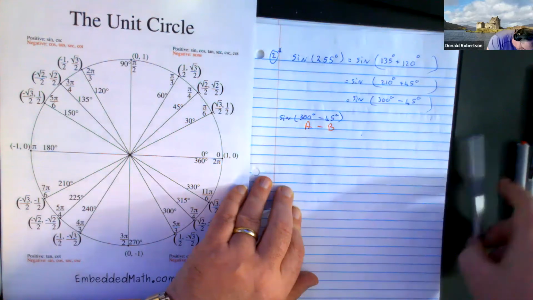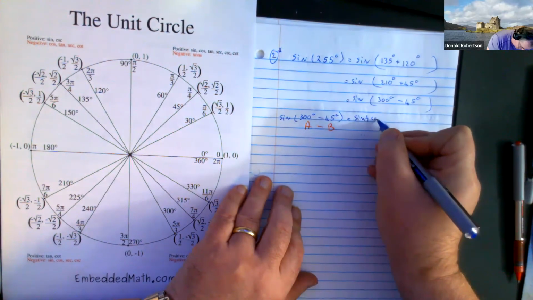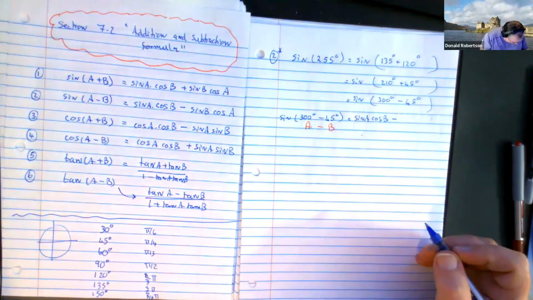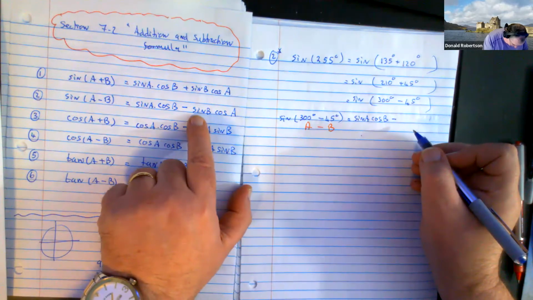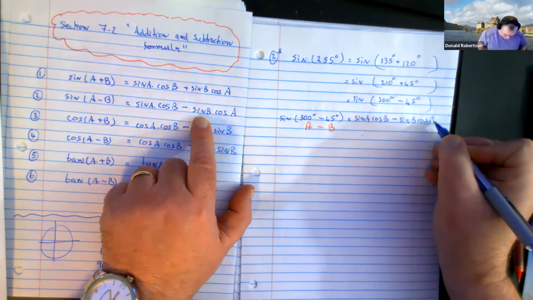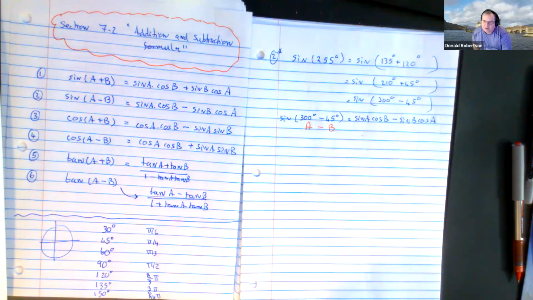And the formula is the sine of A cosine of B take away sine of B cosine of A. You comfortable with that formula?